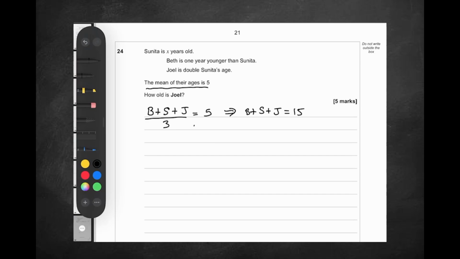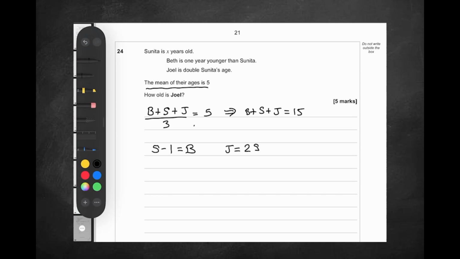So we're told Beth is 1 year younger than Sunita, so Sunita minus 1 equals Beth. Joel is double Sunita's age. J equals 2S.